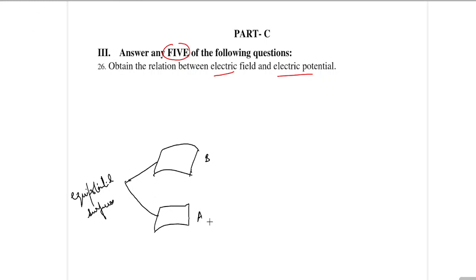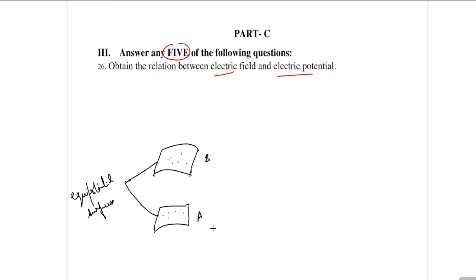That is, every point on A will have the same potential and every point on B will have the same potential, but the potentials on surfaces A and B are not the same.